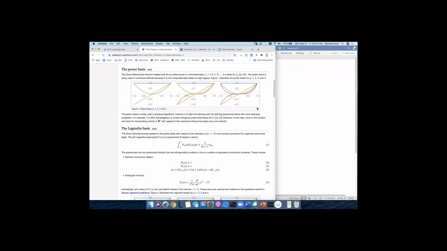Can somebody just reason, by looking at that picture of an increasingly higher degree power basis, where it's quadratic on the left and we move up to fourth order power basis on the right, what's a cause for concern? Just looking at the shape of the functions.